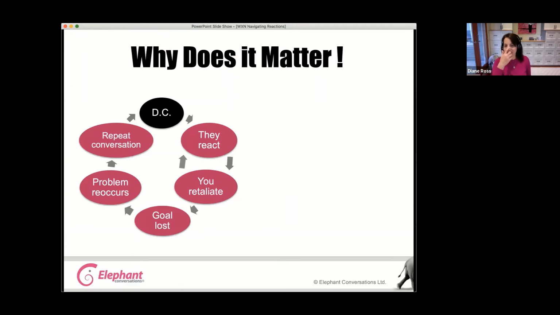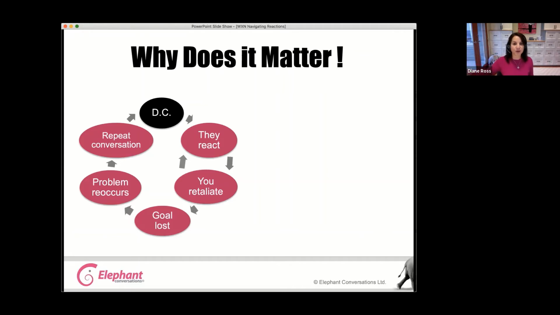And so this kind of goes back to what Barbara was talking about, how if we don't have a reaction management plan, so DC stands for difficult conversation. So we have the difficult conversation. Now, sometimes obviously reactions come at you when you haven't planned it. So a lot of these tools will help with that as well. They have a reaction, right? They react, and right away we react, right?